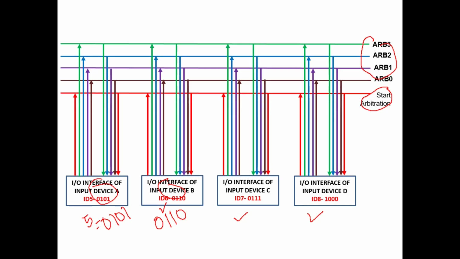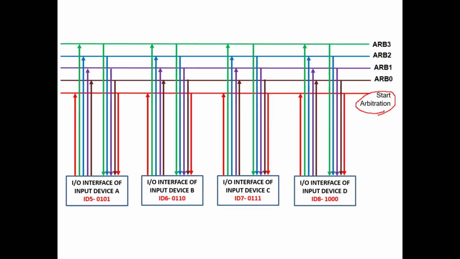So how exactly does this distributed arbitration process work? Initially, both the device with ID 5 and the device with ID 6 use the start arbitration line.